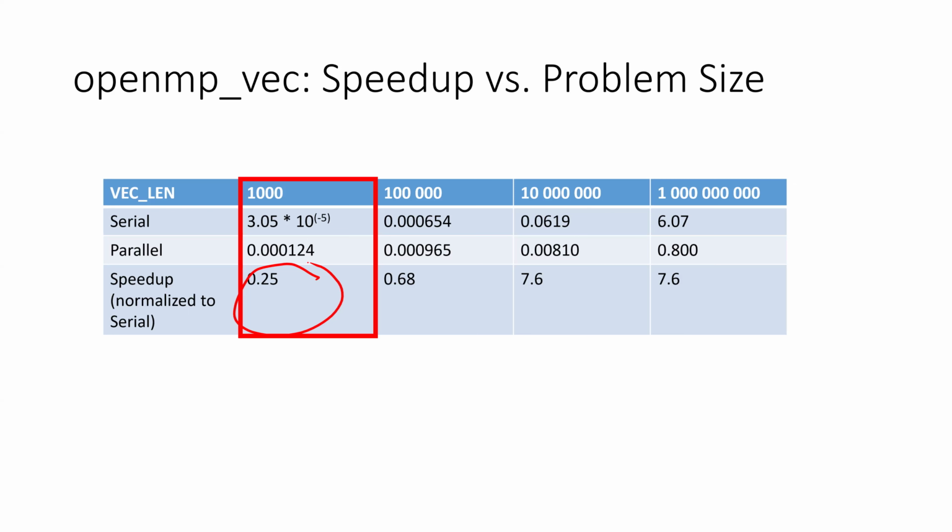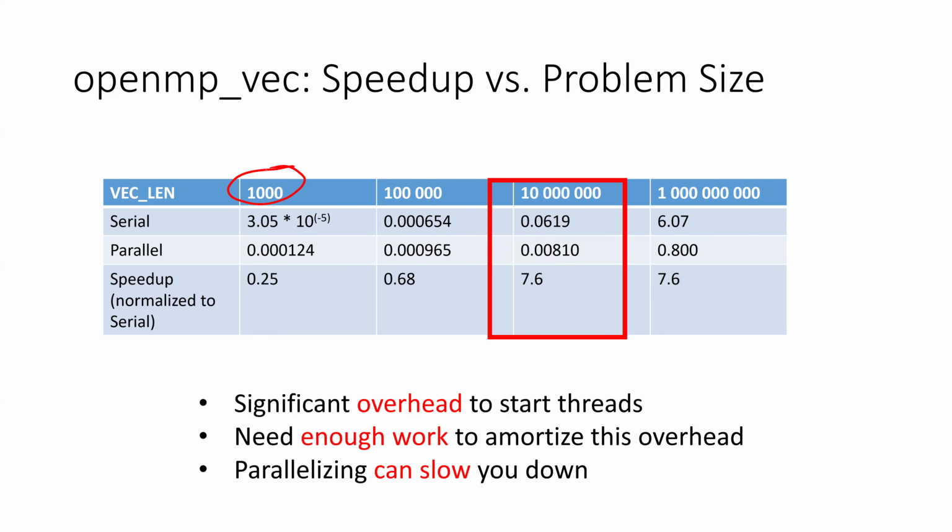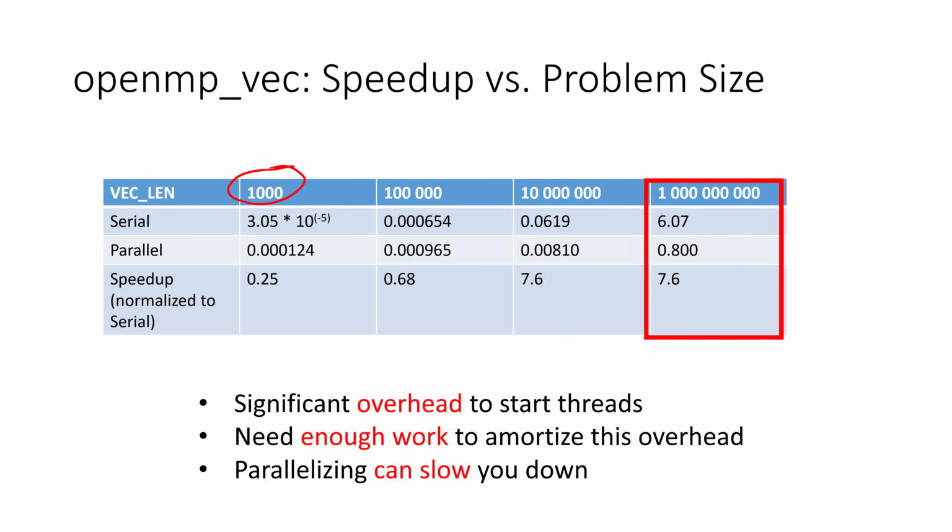We would like a big speedup number, where the parallel time is a lot less than the serial. When we did 1,000, we got a slowdown: a speedup of 0.25, meaning it's actually 4 times slower. At 100,000, it was still slower. At 10 million, it's noticeably faster, 7.6 times. And at 1 billion, which I didn't run, it's also 7.6 times. So once we're up at 10 million, we have enough work that the cost of creating the threads is no longer very significant.